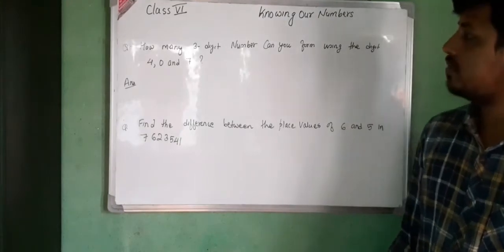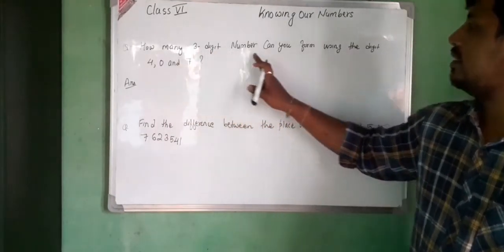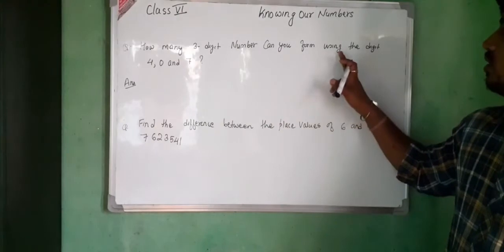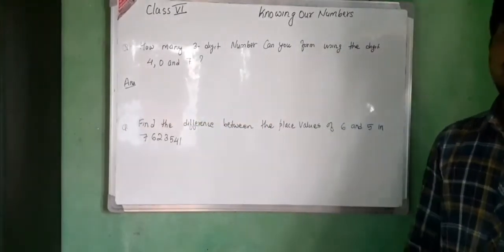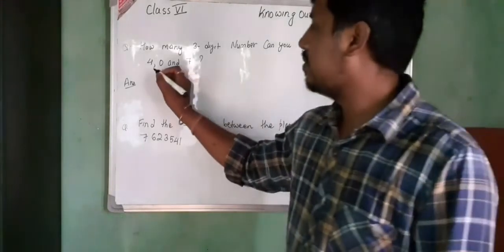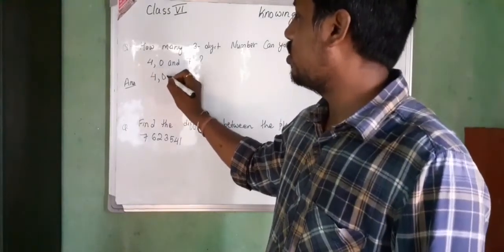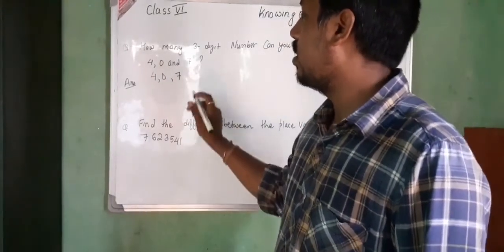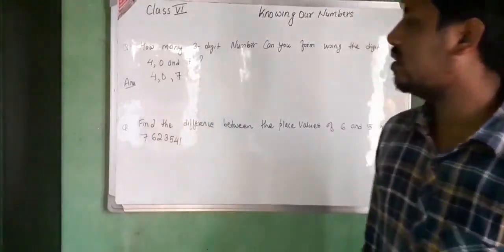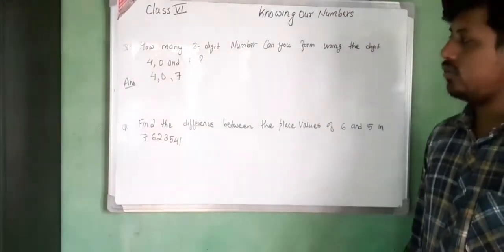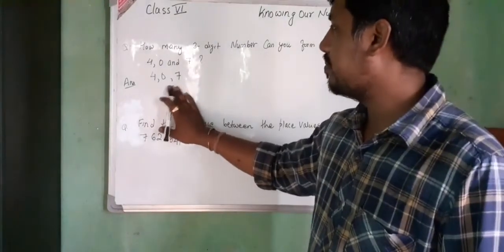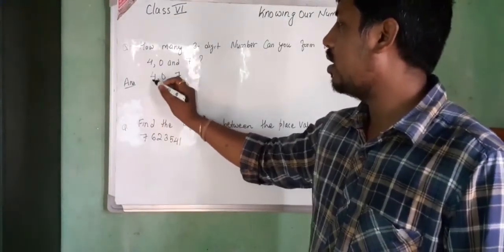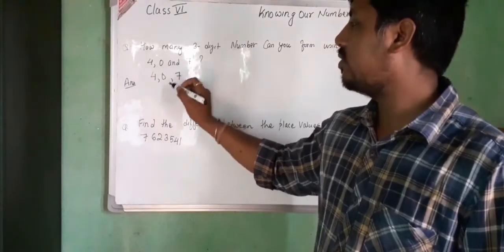Next question. How many 3-digit numbers can you form using the digits 4, 0 and 7? So there are 3 digits given, 4, 0 and 7. By using these, how many numbers can be formed? Last time also we did this, the formation of numbers. We'll arrange these digits and form the numbers.